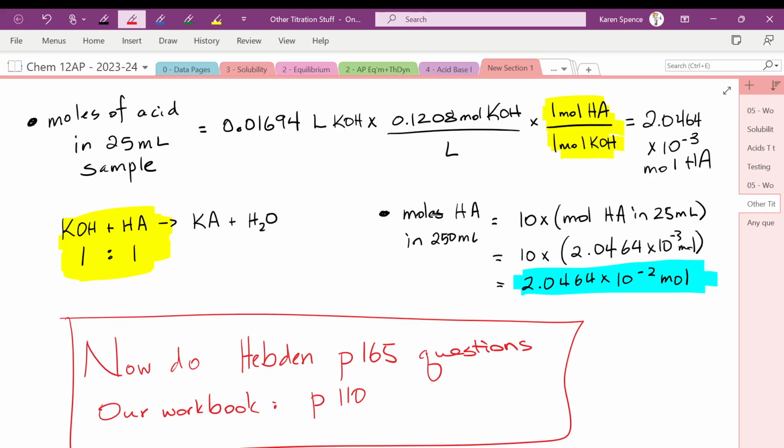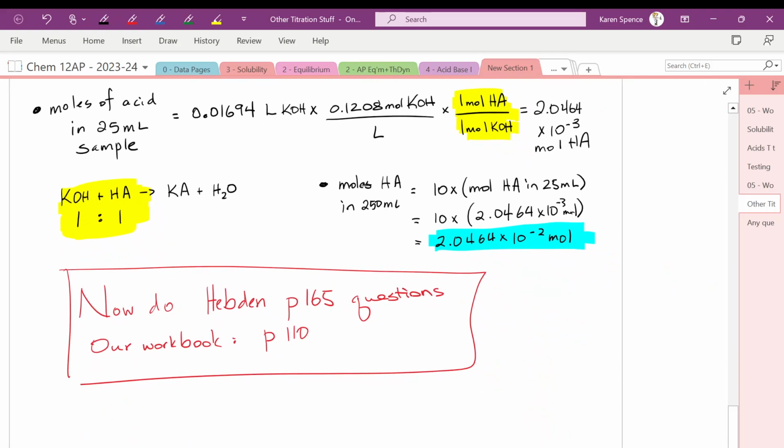Anyone want to have the quiz on Thursday as opposed to Friday? You said you wanted a quiz. We're having a quiz either Thursday or Friday on titrations and buffers. Okay, hands up for Thursday. 1, 2, 3.